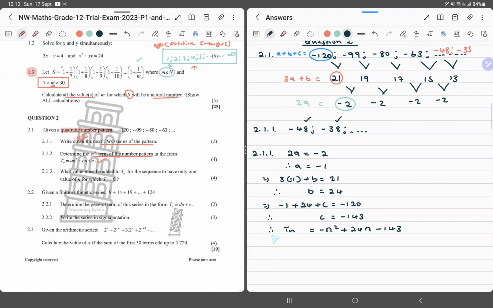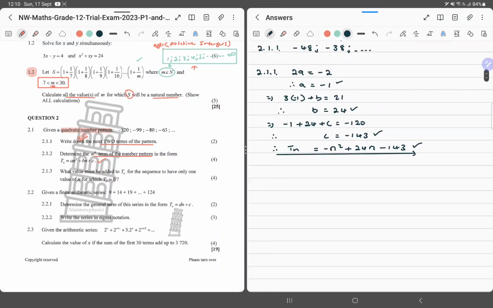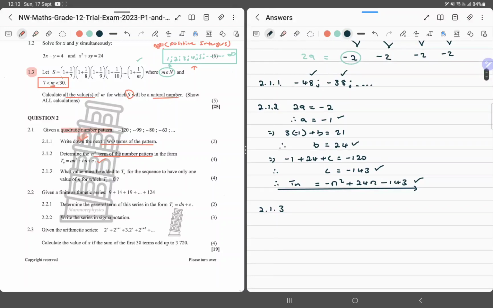I don't have time. So this is the nth term. So it represents our quadratic sequence for sure. So you get a mark for solving for a, a mark for solving for b, a mark for solving for c, and putting it together. Okay, easy, 4 marks there. Now 2.1.3.